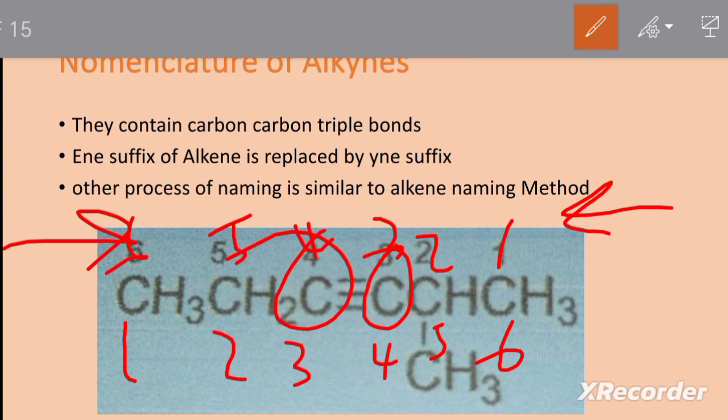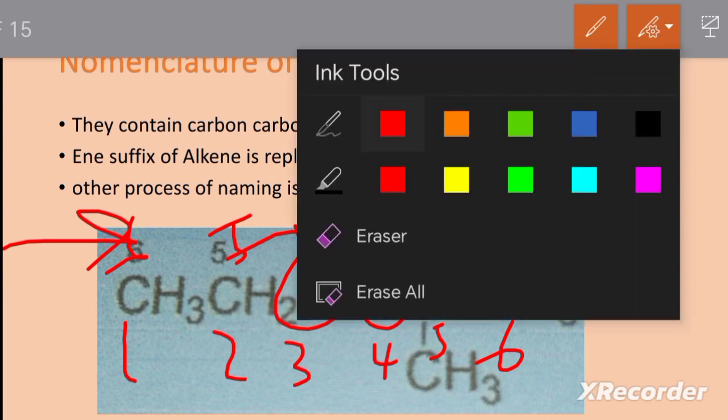So in such situations we can number so that the substituent group gets the lowest possible number. So we should select this direction in such situations.